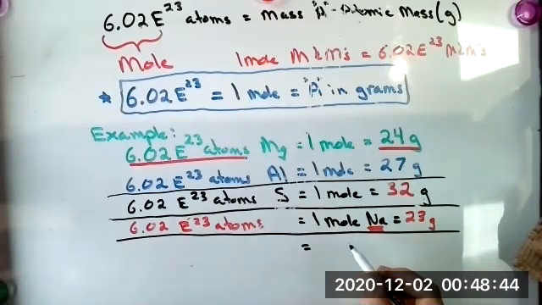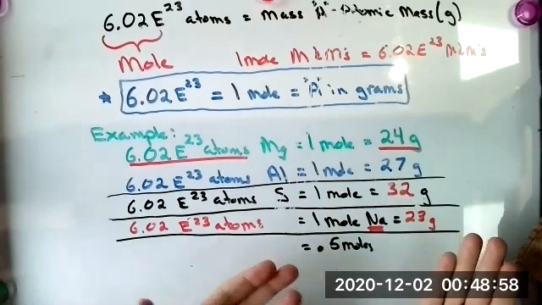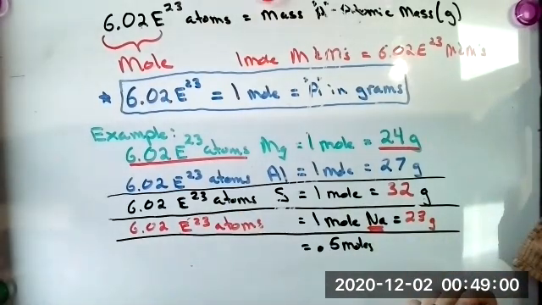But let's say that I'm back in the lab and I don't have an exact mole. Let's say I have 0.5 moles. And I always have to give you the element, I have to tell you what that is. So I'm going to pick scandium. Now look at the question.